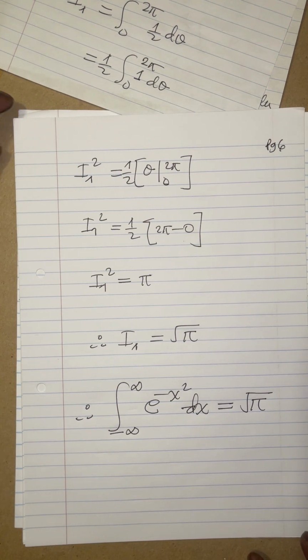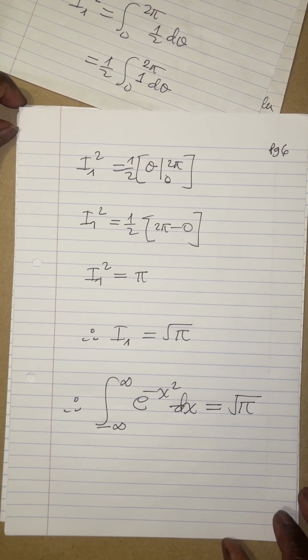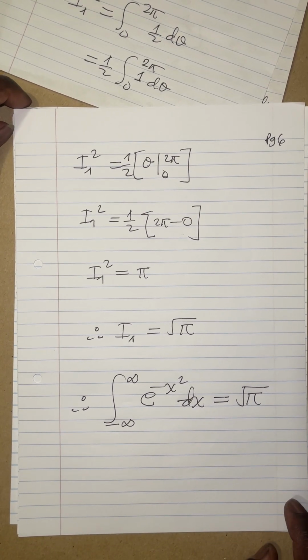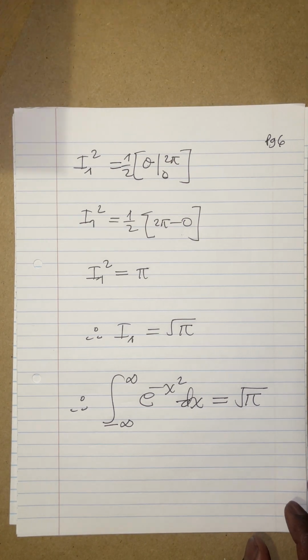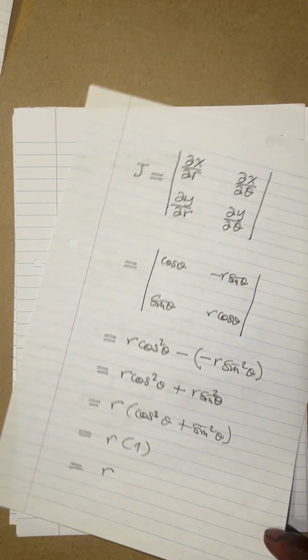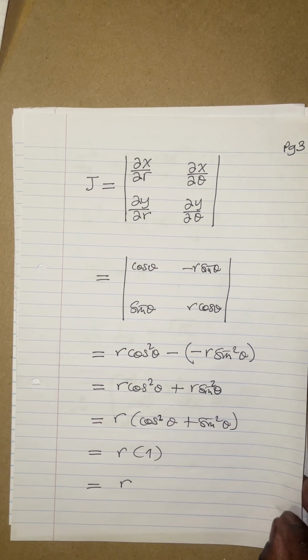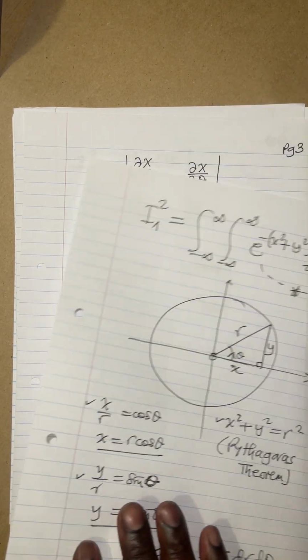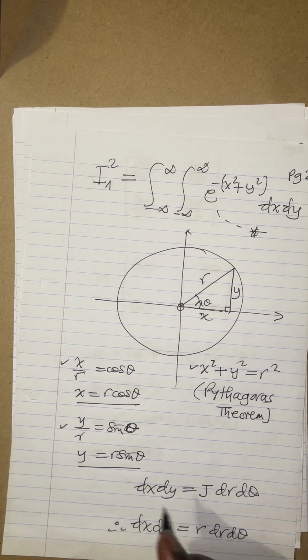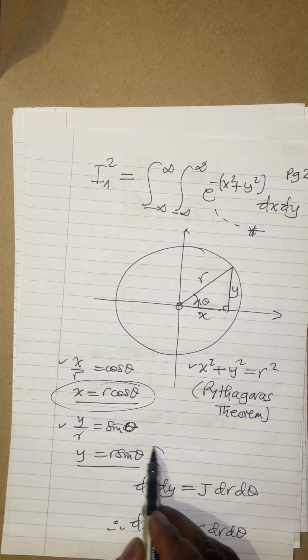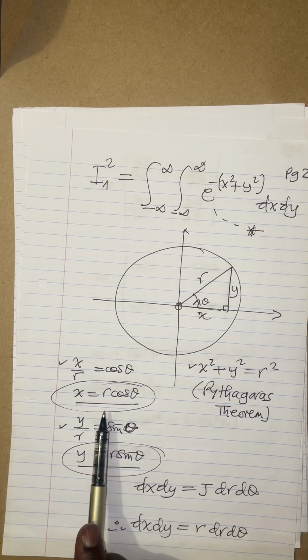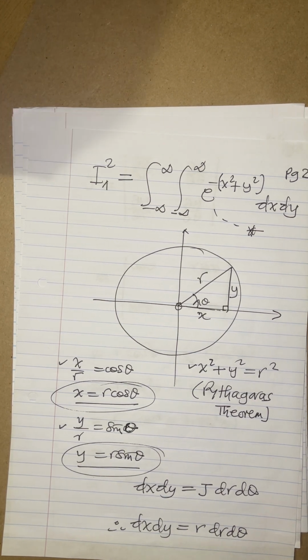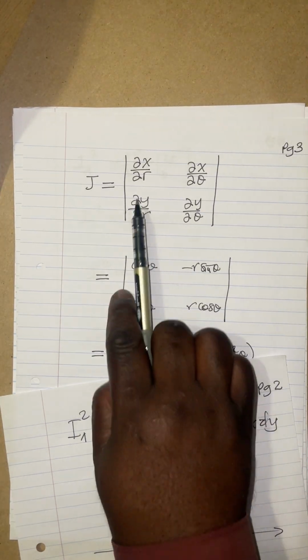So we have been able to evaluate this by using, like I said, the transition from the rectangular coordinate system to the polar coordinate system, and that transition we call the Jacobian. Here it is, taking advantage of these two equations, differentiating x and y partially with respect to r and theta, forming a 2 by 2 matrix, which is this one here.